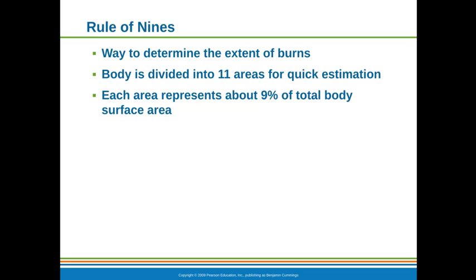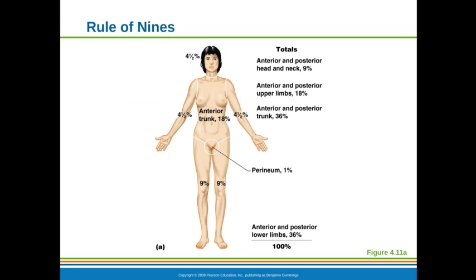Okay, so I'm sure you've all heard the term, I got a second degree burn or a third degree burn. Well, let's talk about how we actually qualify those. Figure 4.11a shows the rule of nines. So these 11 divisions of the body make up these different percentages.